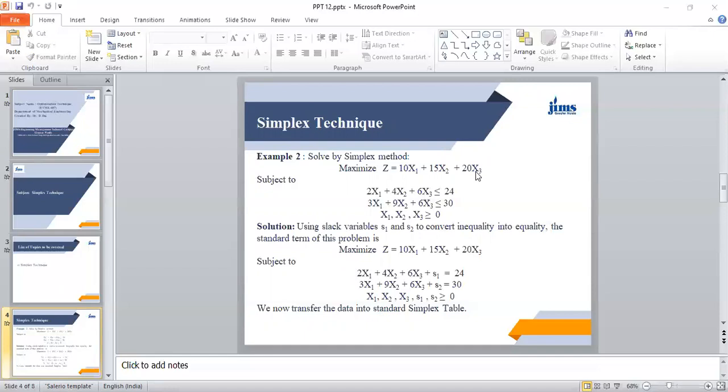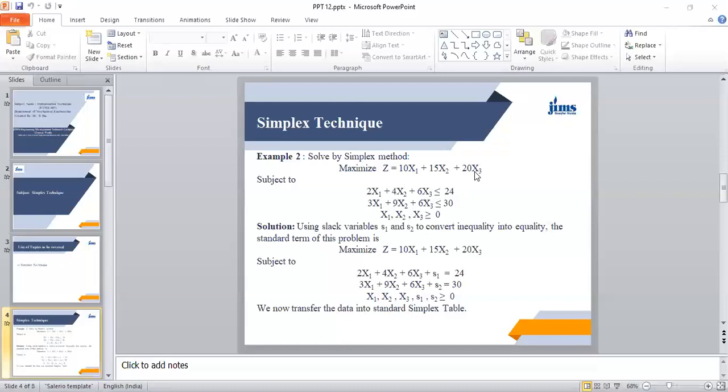Because we have been told that there are conditions where some of the variables may be free, or they may assume either negative, 0 or positive value, in that case we convert that variable into a difference of two positive variables. Here x1, x2, x3, all three are greater than or equal to 0. So both the conditions for solving by the simplex technique are satisfied. Therefore, we can straightaway start the solution of the problem.